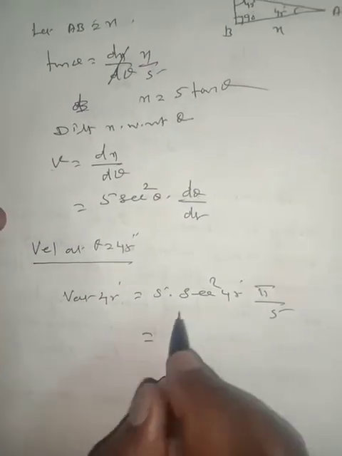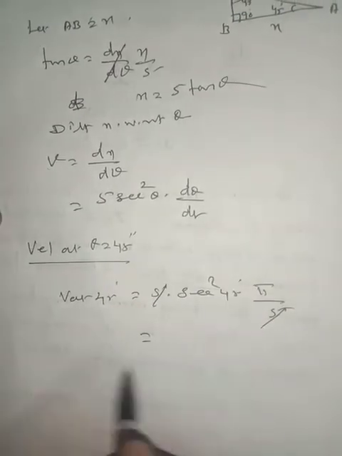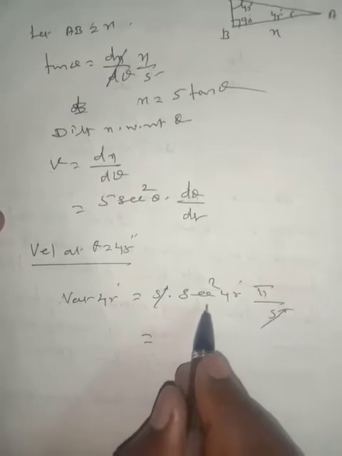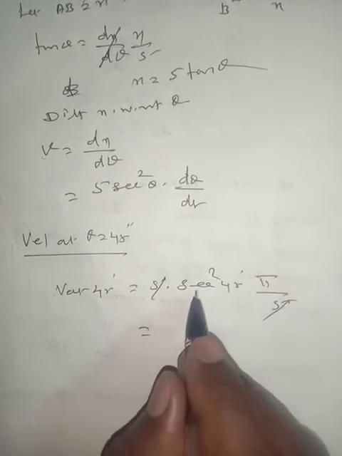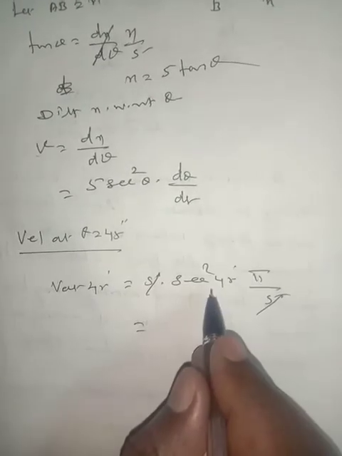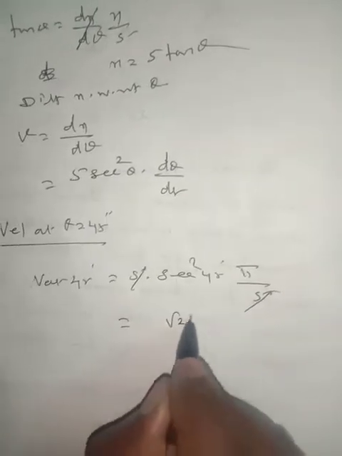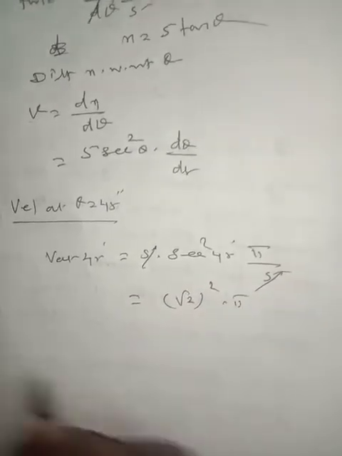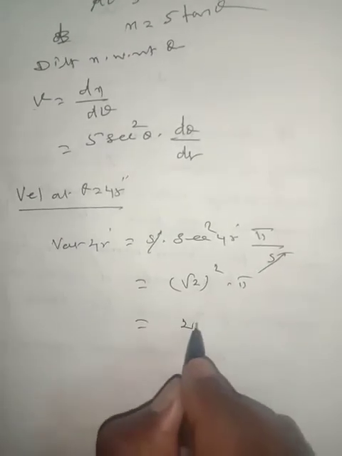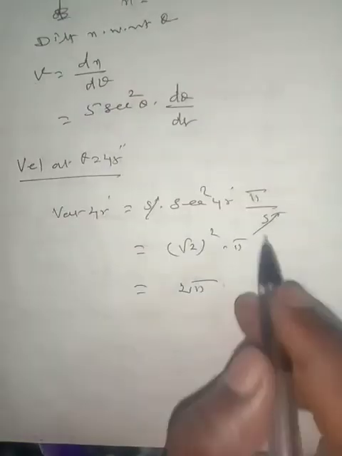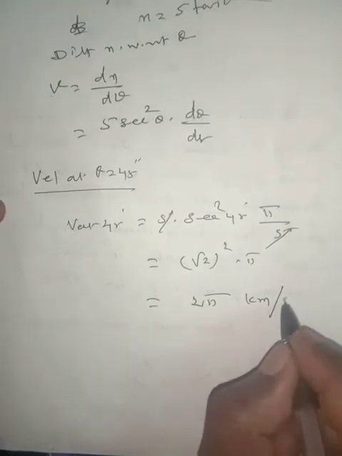Now this 5 and this 5 cancel. Secant is the reciprocal of cos, so secant square 45 degree is root 2 whole square, therefore root 2 whole square into pi is equal to 2 pi kilometer per second.